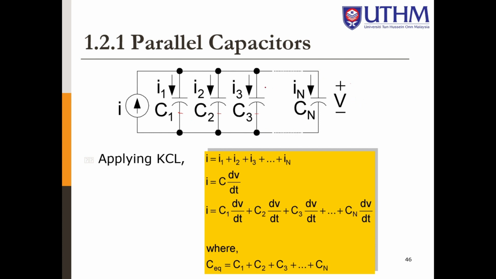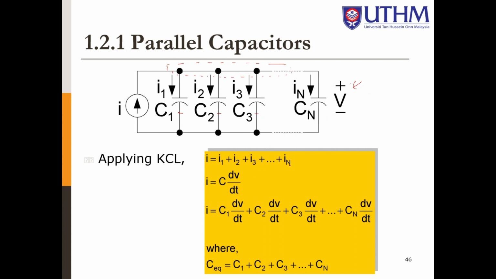So we will consider this as a node equation, because in a parallel circuit the current is different, but you have the same voltage drop across the components.